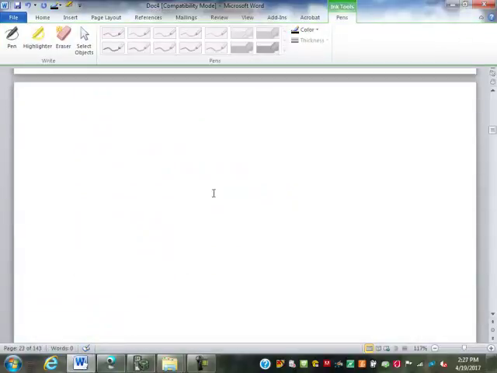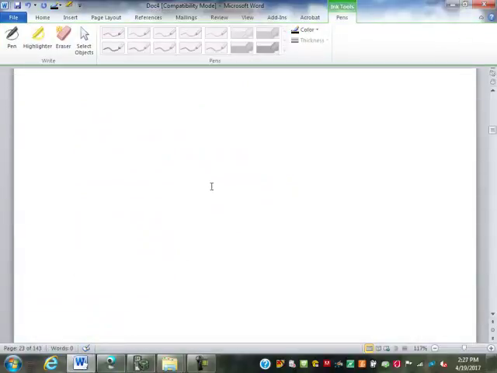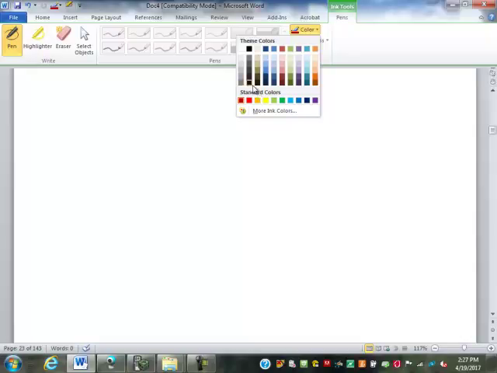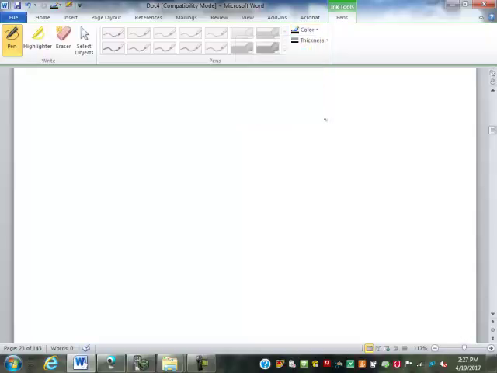So our next step today: we've been graphing these equations, and we did a few at the beginning of the hour. But what if I have 2y minus 3 equals x plus 1?